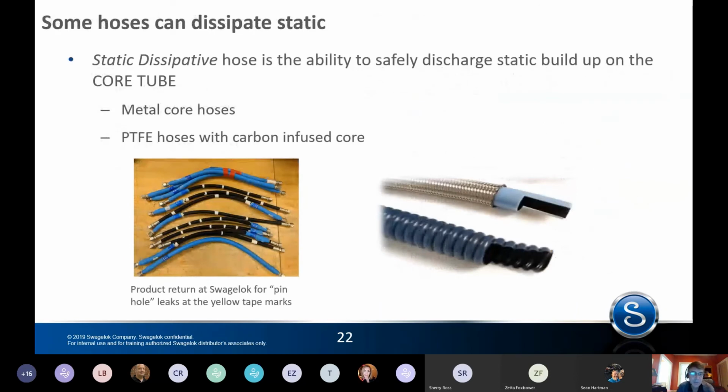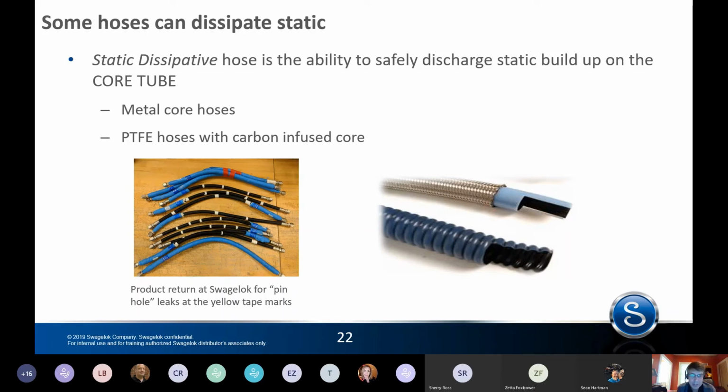This is an example here you see on the left of a customer of ours that was using Teflon core hoses, and every yellow mark was a pinhole leak that they were detecting. And of course, our field engineers went in and were working with them. And what we decided was they needed to use Teflon due to various reasons, but they needed to also dissipate the static that was building up on the inside of the Teflon.